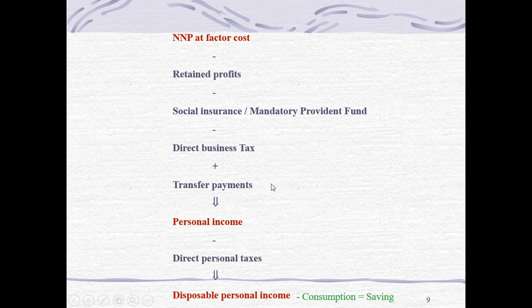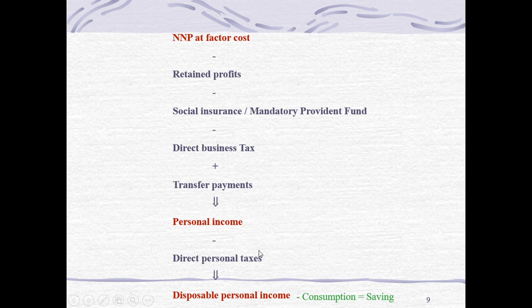Because they didn't produce anything, but government has given them some money, we add it to what is available, because we want to know the money that is in the hands or in the pockets of people. So doing all this complex calculation gives us personal income. Personal income. What you have received, what is in your hands. But normally when you receive your personal income also, direct personal taxes are subtracted from it.